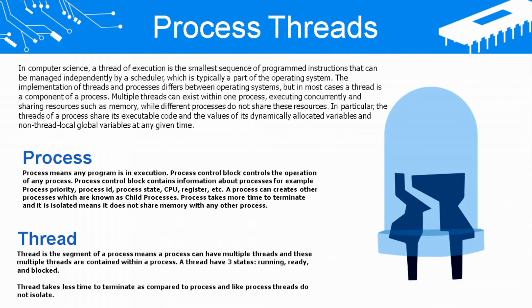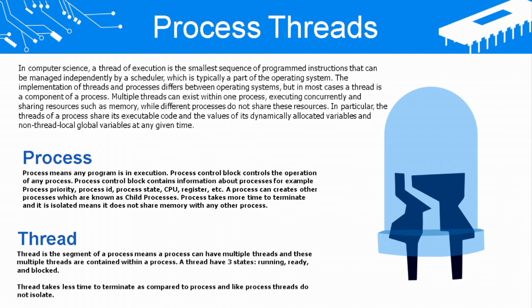Now we talk about process threads. In computer science, a thread of execution is the smallest sequence of program instructions that can be managed independently by a scheduler, which is typically a part of the operating system. The implementation of threads and processes differs between operating systems, but in most cases a thread is a component of a process.